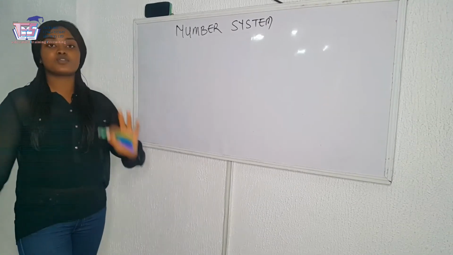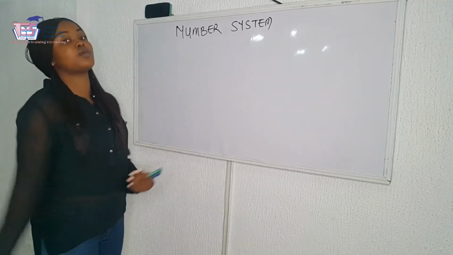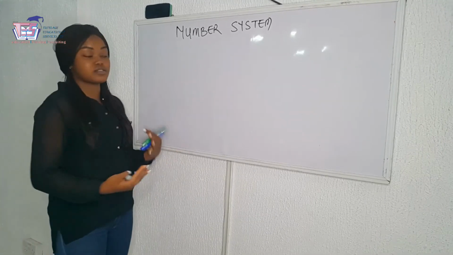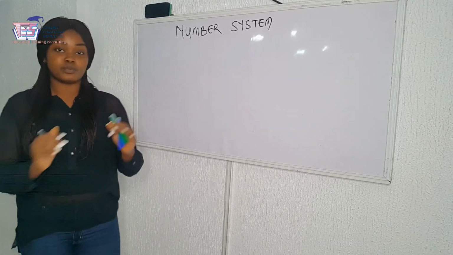So now we want to talk about how to convert a number in a base to a number in another base. We've talked about converting from base 10 to another base. We've talked about converting from another base to base 10.